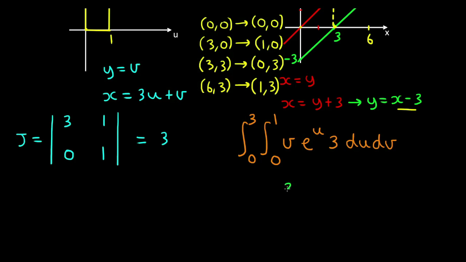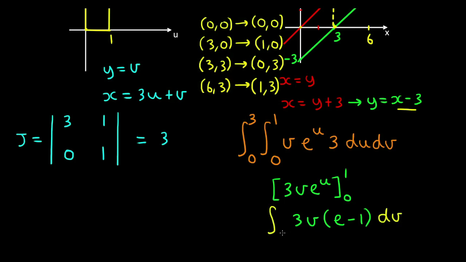So what we get is 3v e to the u evaluated at u equals 0 and 1. So that gives 3v by (e to the 1 minus e to the 0). And then we integrate this over v from v equals 0 to v equals 3.